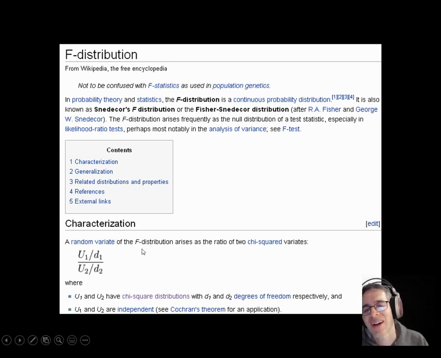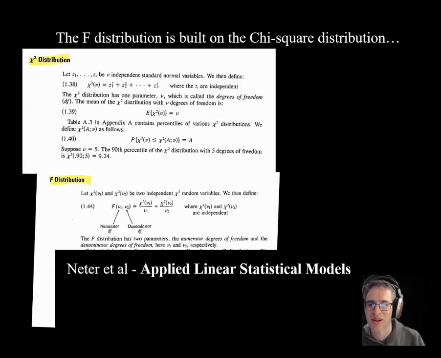So like the chi-square distribution and like the t distribution, the F distribution is based on standard normal distributions, right? So the U1 and U2 here are both chi-square distributions with D1 and D2 degrees of freedom. And the F distribution is simply the ratio of these two chi-square distributions divided by their respective degrees of freedom. And so it's based on the chi-square distribution.